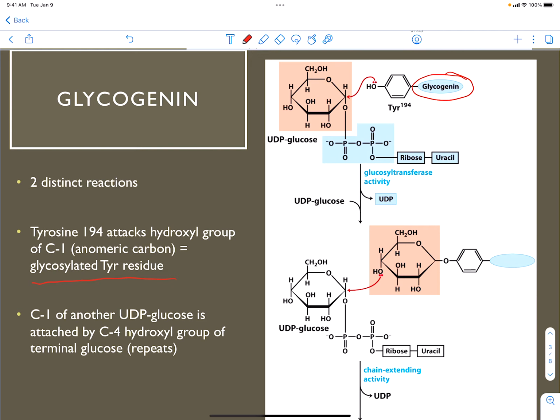So here we have our glycogenin with the tyrosine that's now going to be glycosylated. Here's the glucose attached to tyrosine through that glycosylation. And then you have another UDP glucose. This is going to be a 1,4. So this is going to be the alpha 1,4 link.